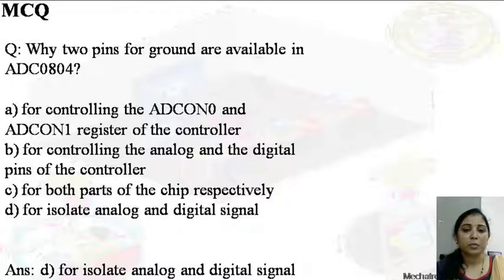Third option is for both parts of chip respectively, and the fourth option is for isolate analog and digital signal. The right answer for this question is option D. The 2 ground pins are used to isolate analog and digital signal.